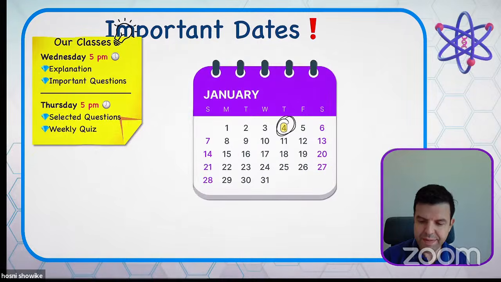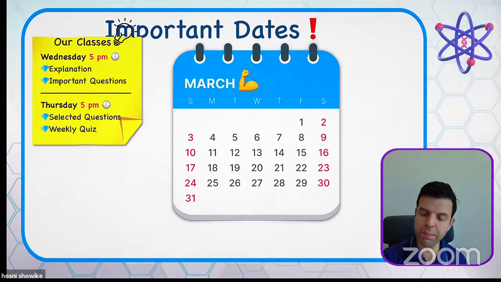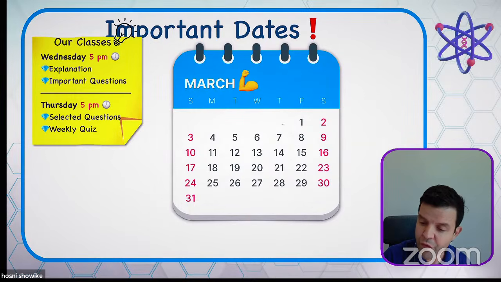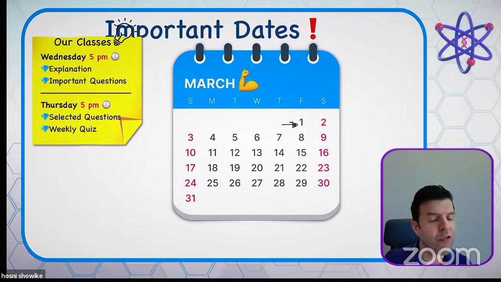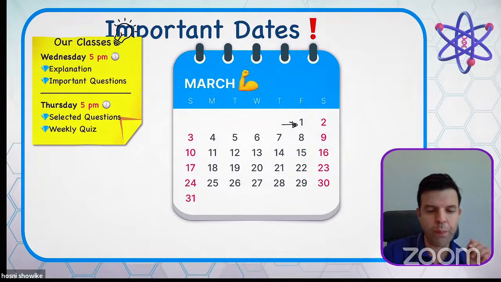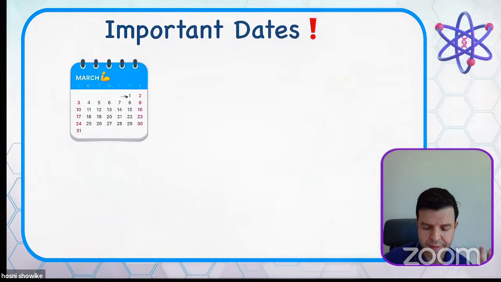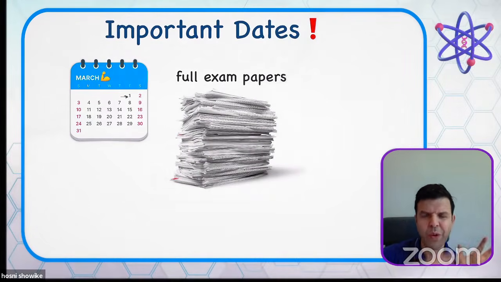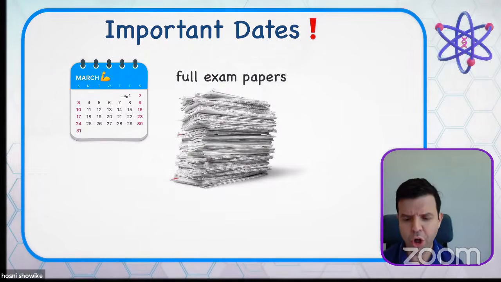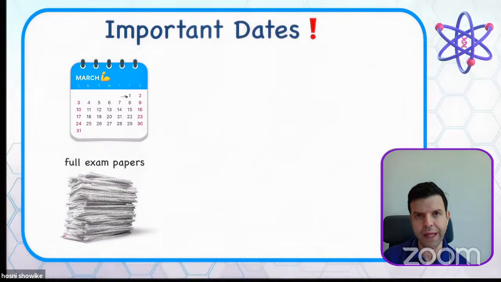When are we going to be done with the entire syllabus? The whole syllabus will be done by the 1st of March. So 1st of March is the time when we start revising, I should say. So on March onwards, all the way until the exams, is the time where we'll be solving full past papers. So we'll get to learn those exam techniques. Plus, it'll be 2 classes like usual.